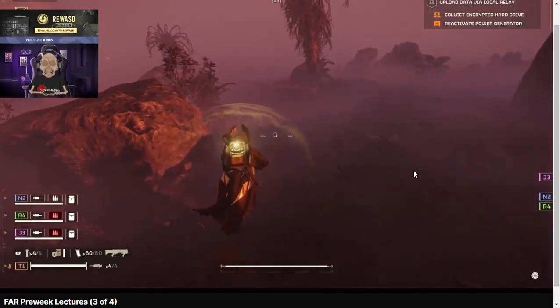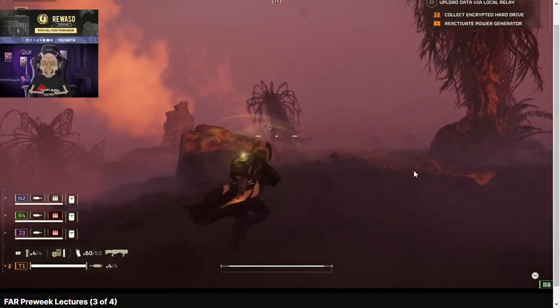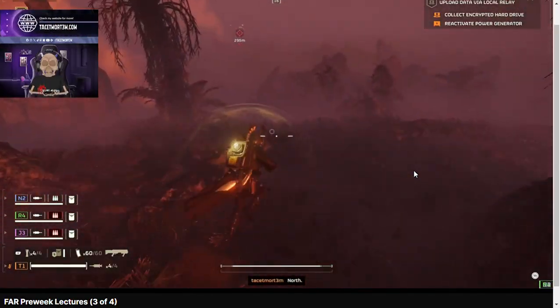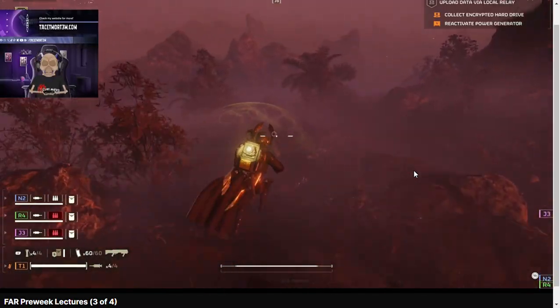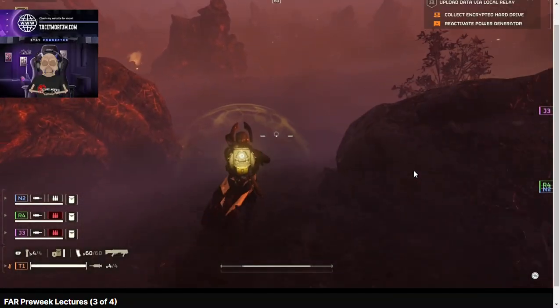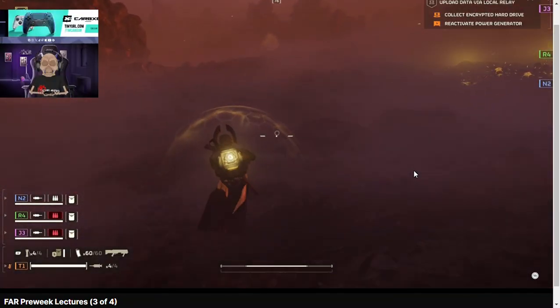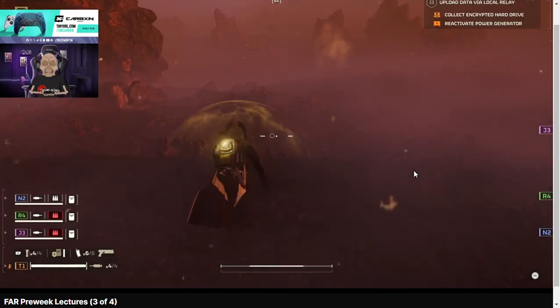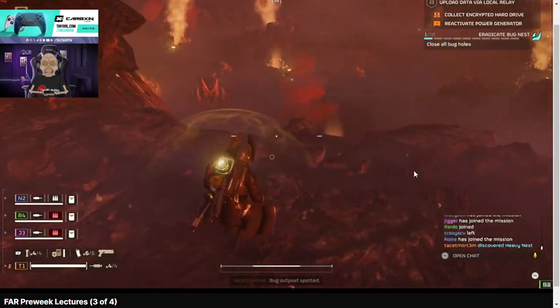At least from what I've read in the Discord, but I'm not 100% sure. Bug hole, north, 300 meters. Bug outpost spotted.